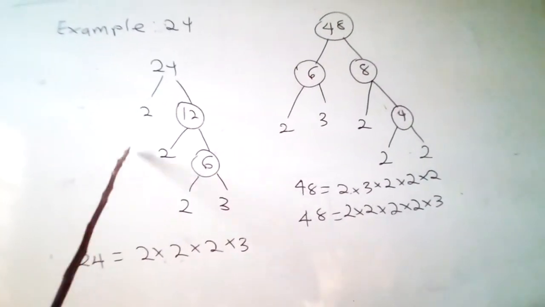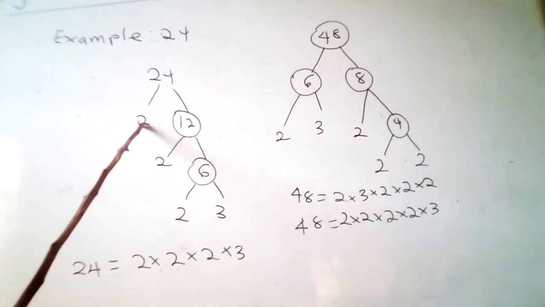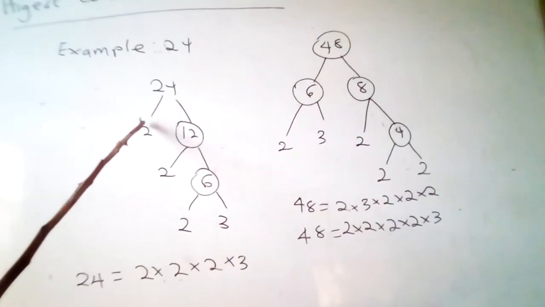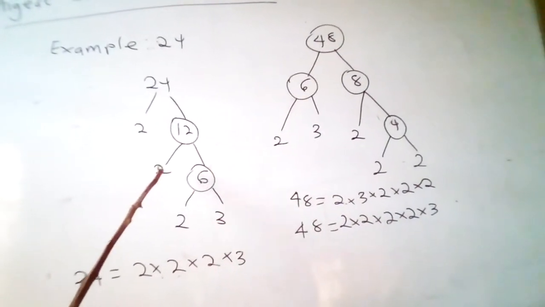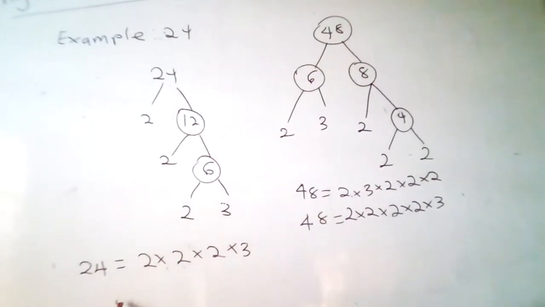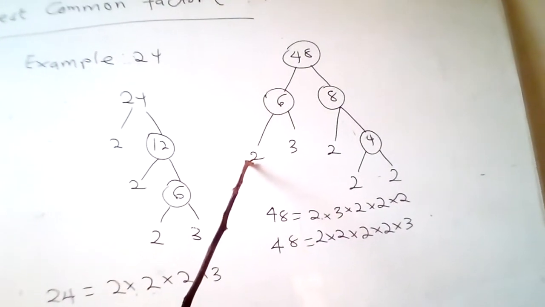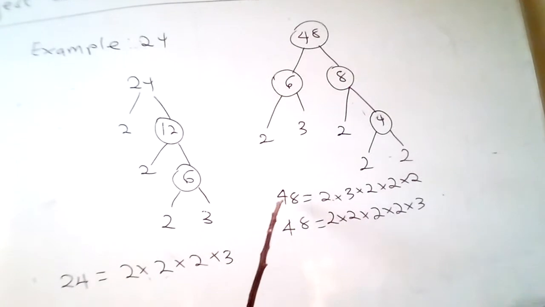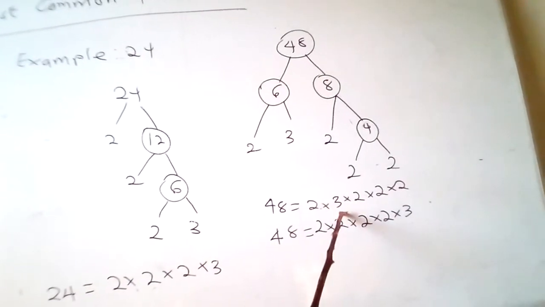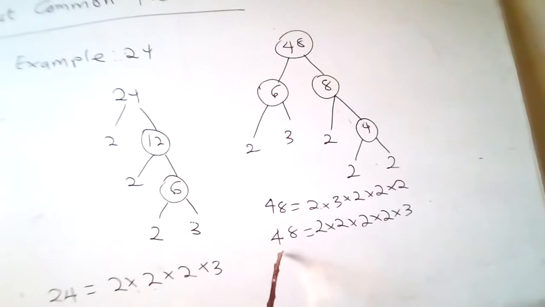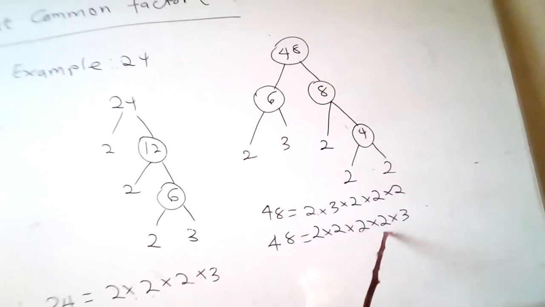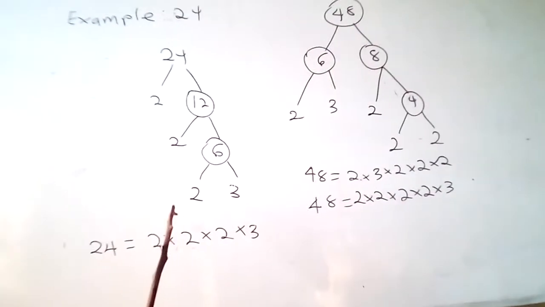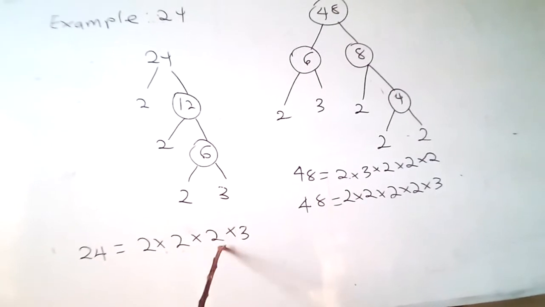So for 24, we take the factors, and we know what a factor is: 2, 2, 2, 3. For 48, we have 2, 3, 2, 2, 2. Rearranging them, 2 times 2 times 2 times 2 times 3. And for 24, 2 times 2 times 2 times 3.